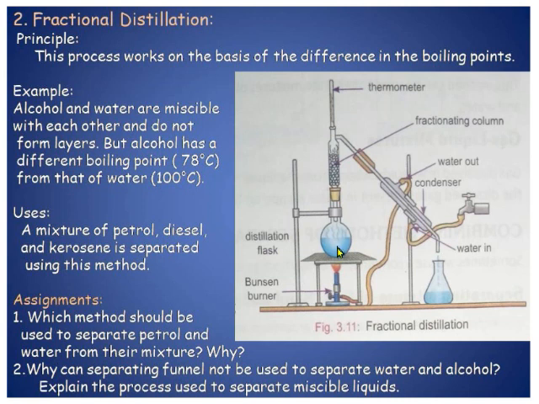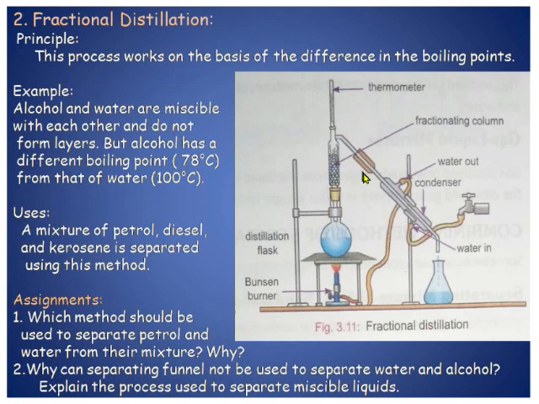We will keep the mixture of alcohol and water in this distillation flask. We will heat the mixture up to 78 degrees Celsius. We will see the temperature in this thermometer. When 78 degrees Celsius is reached, alcohol will start boiling and will get evaporated.